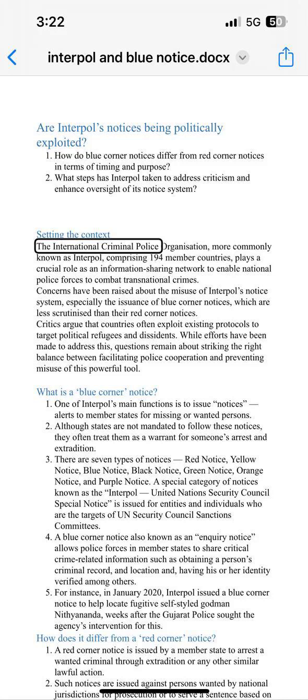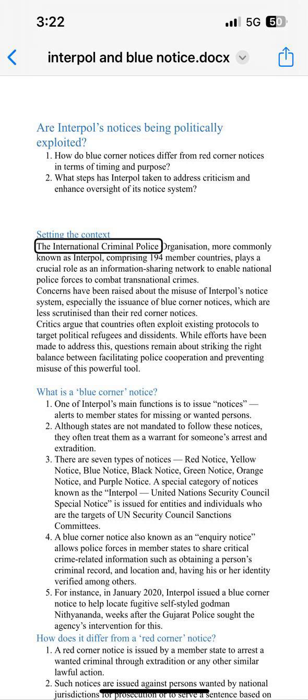Dear students, as we have seen in recent news dailies, the International Police Organization or Interpol, whose headquarters is located in Lyon, France, has raised a series of concerns about its notices being misused by countries against their political opponents and asylum seekers.